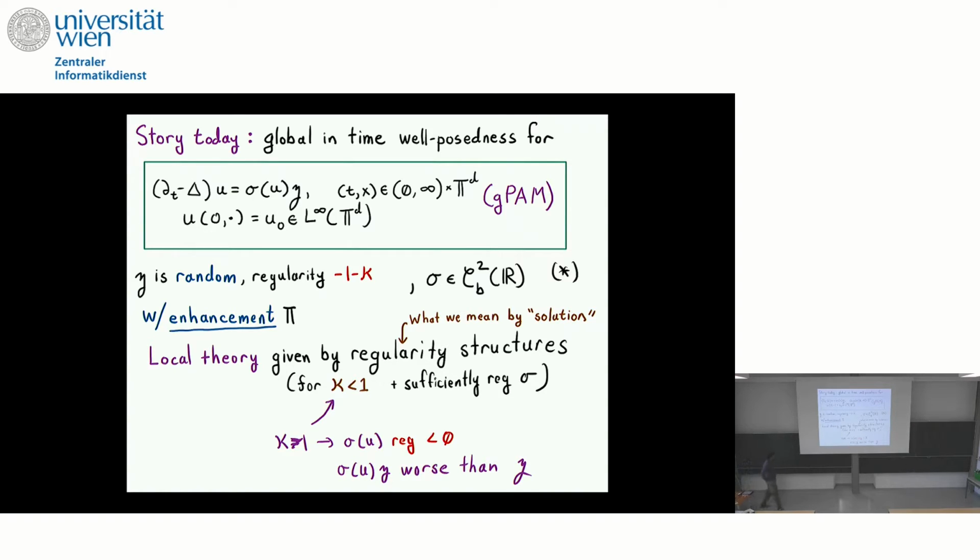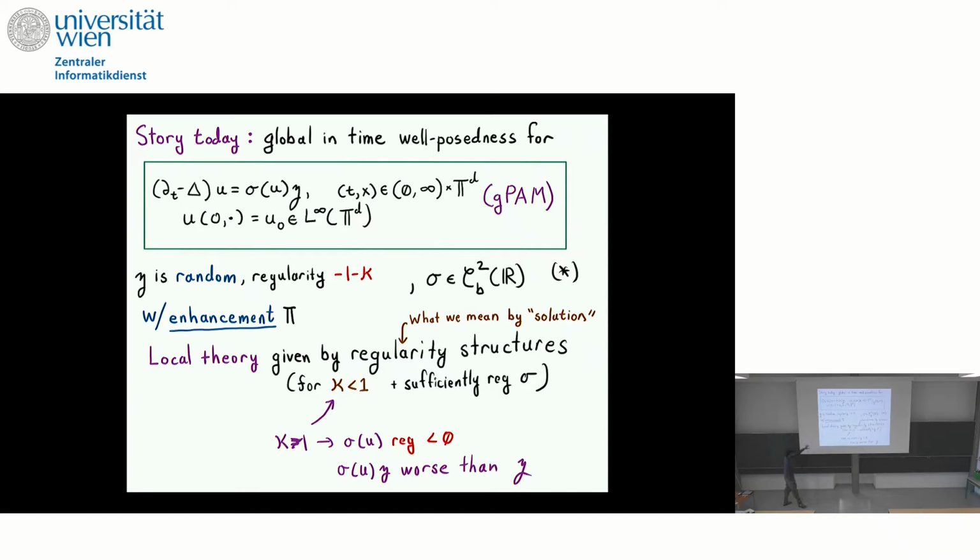the theory breaks down. This is very similar to a power counting calculation you saw yesterday: in that case, the solution is going to be of negative regularity. So it's unclear how to make sense of sigma of u, but even worse, sigma of u times the noise I expect to be worse than the noise.